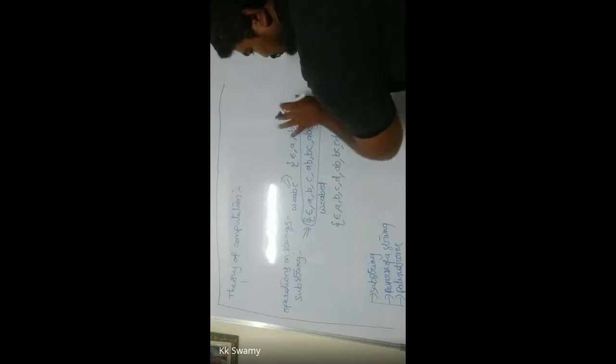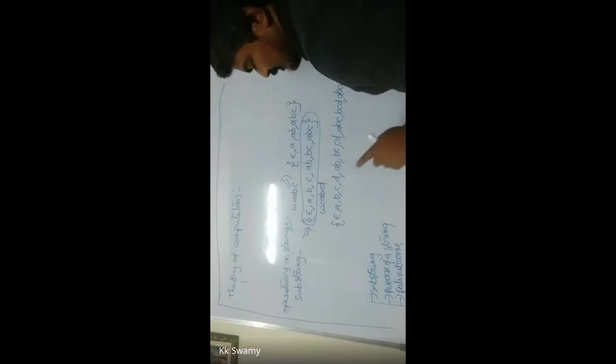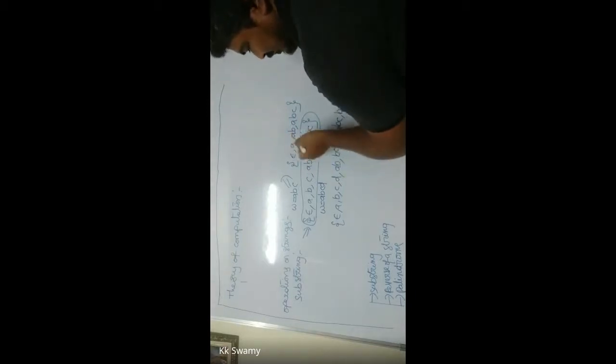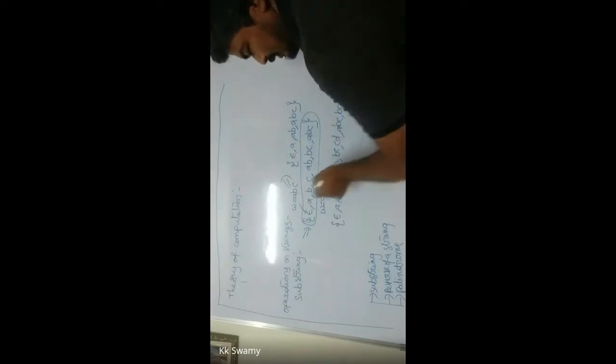If we take the prefix set as input, we have to find the suffixes. What is the suffix of epsilon? Epsilon only. Next, what is the suffix of A? Epsilon and A. Epsilon is already marked, no problem.